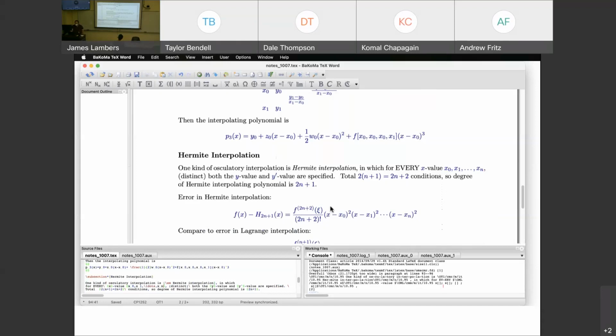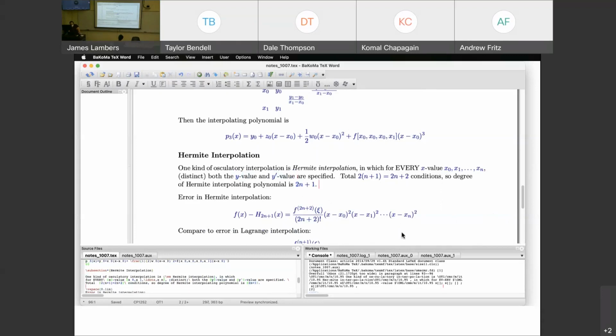So for each one of these x values, you specify the y value to match and the y prime value. So here you have n plus 1 x values. You have two conditions on each one. So you have a total of 2n plus 2 conditions to satisfy. So the polynomial you're going to get, the Hermite interpolated polynomial, will have degree 2n plus 1, as opposed to degree n, when you're only specifying the y value.